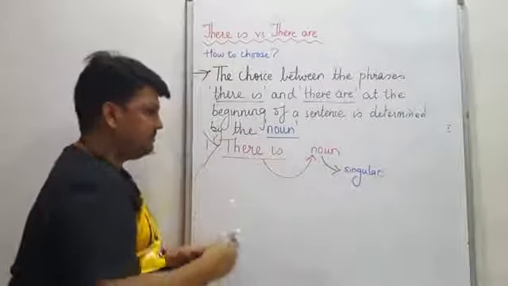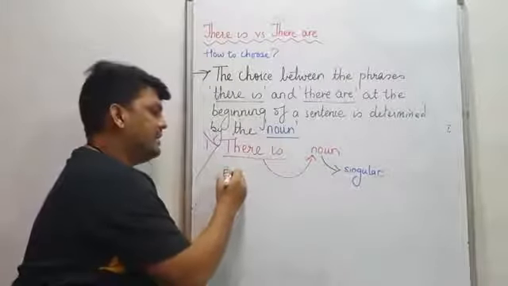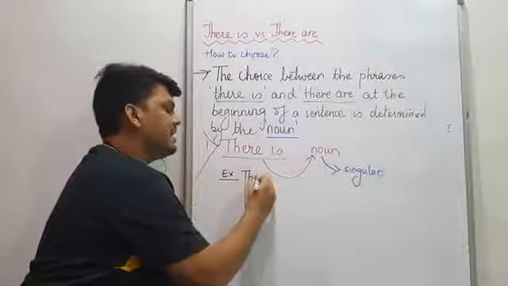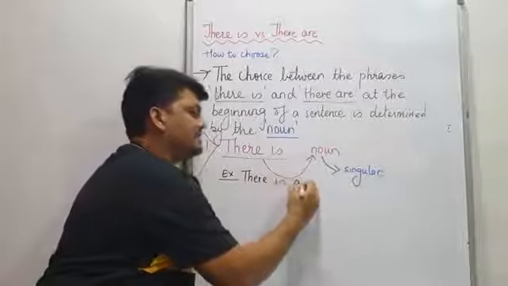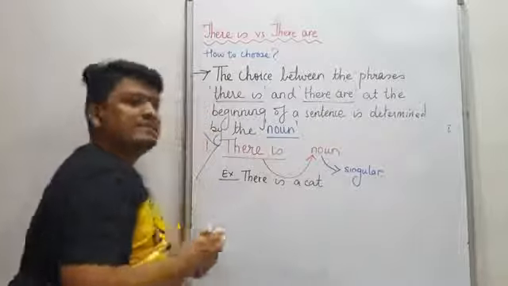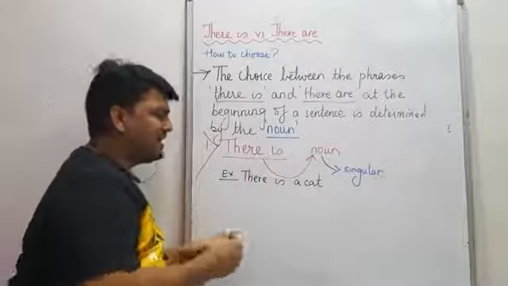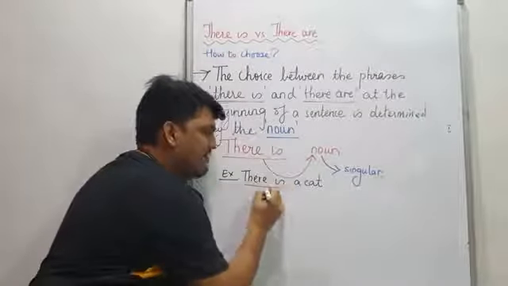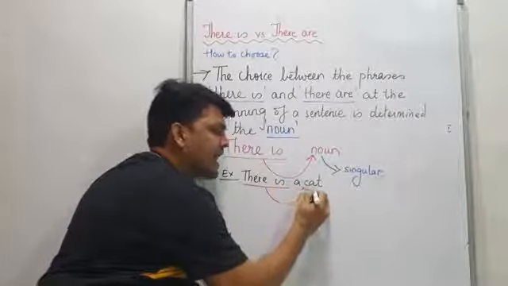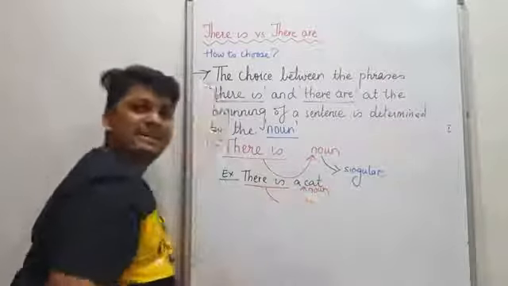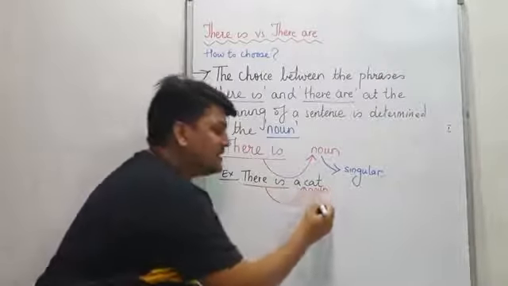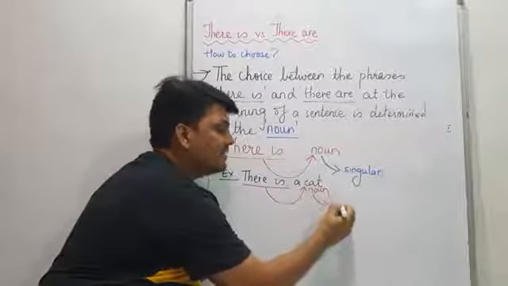Example, there is a cat. You can see that I have started with the phrase there is, and this is a noun. So this noun is what? Singular.